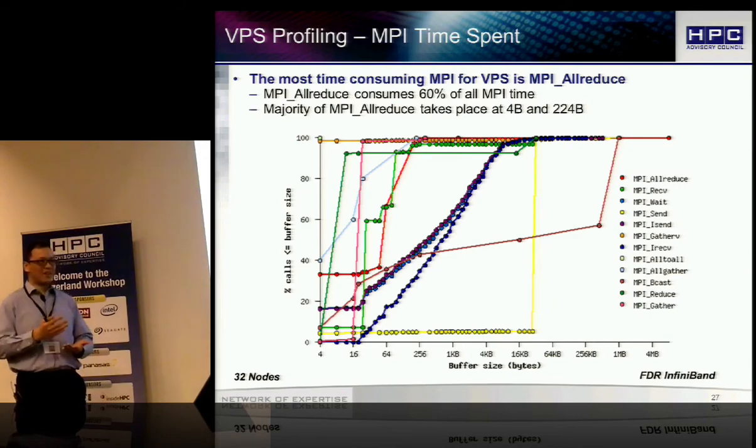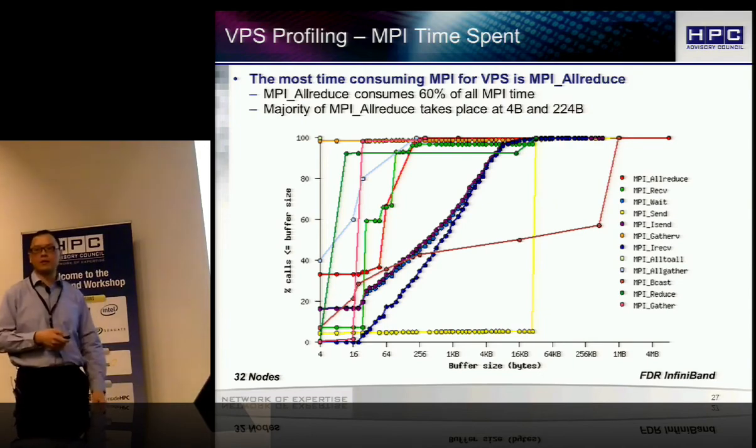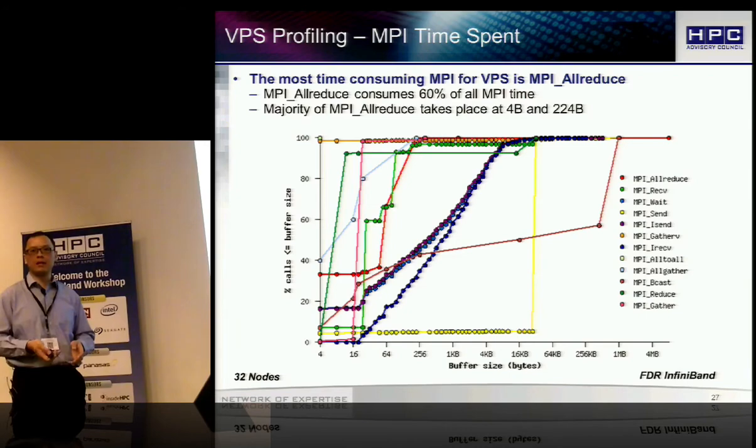I think I've gone over something like this yesterday about how to read this chart. So this is an MPI profiler output from IPM. What we're interested in, as we mentioned earlier, is finding out which calls spend the most time in MPI.